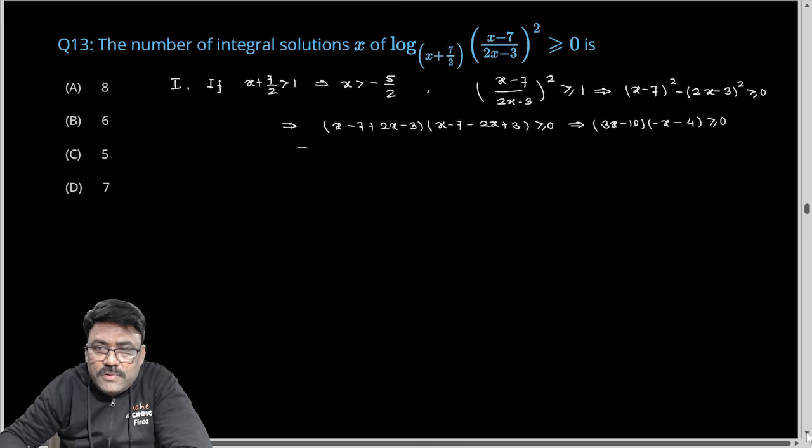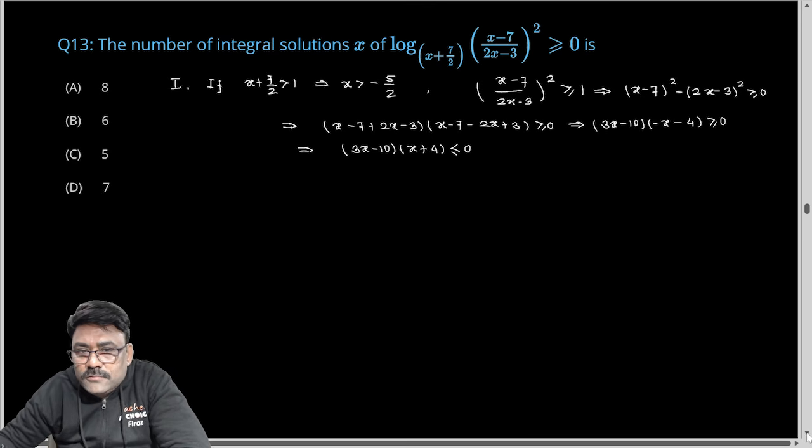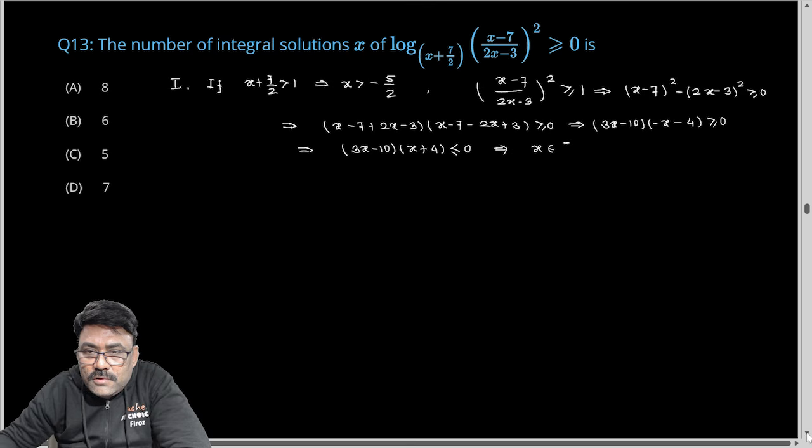Change the sign. So it is (3x minus 10)(x plus 4) less than or equal to 0. So this gives you x belongs to minus 4 to 10 by 3.